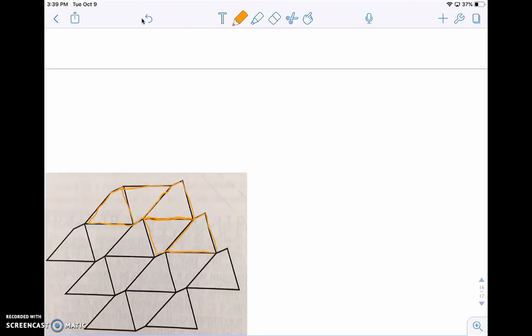And this is the idea of a tessellation using different transformations. So you have rotation, you potentially could have a reflection, translations, and so forth.